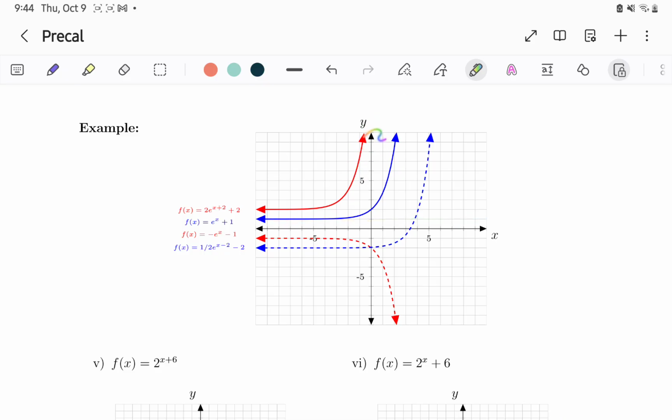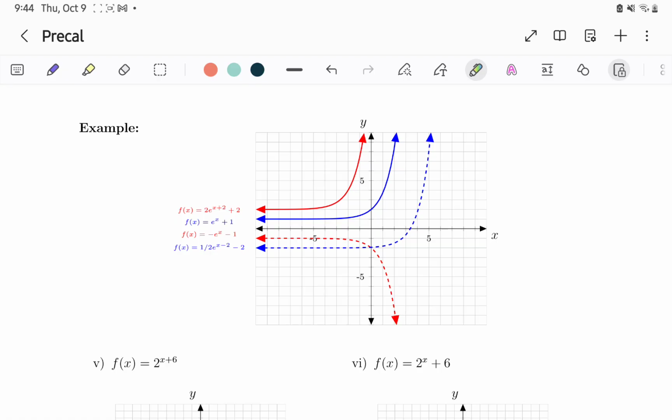And of course, this also causes the range of each of these first two functions to change as well. So for the first function, the one whose graph is in solid red here, its range is going to be from 2 to infinity. And for e to the x plus 1, its range is going to be from 1 to infinity. So not only does our horizontal asymptote shift, but it's also going to cause our range to change whenever we have that vertical shift going on.